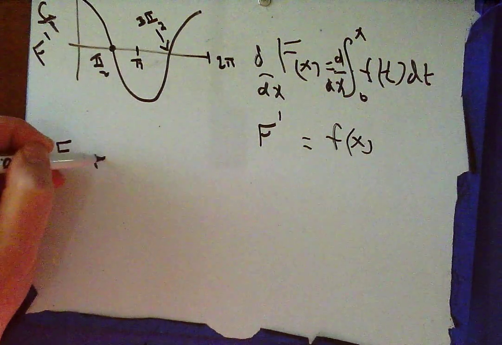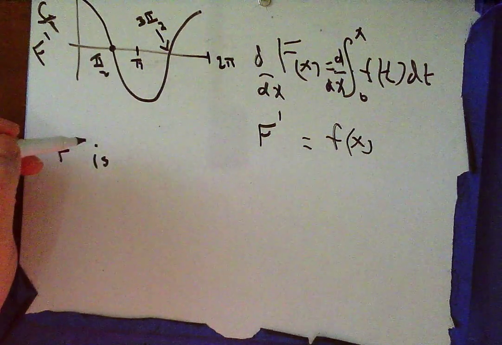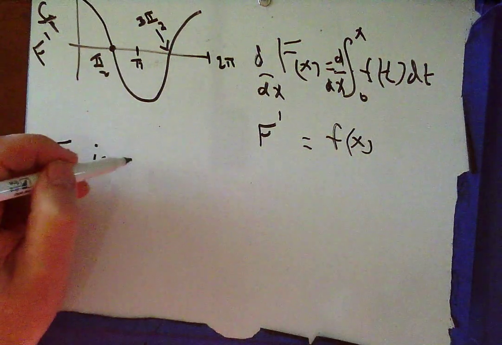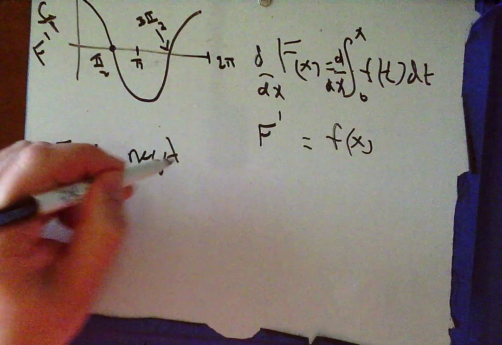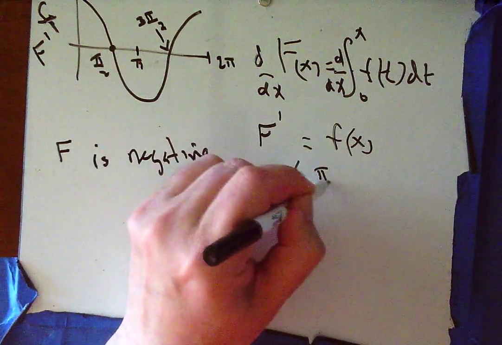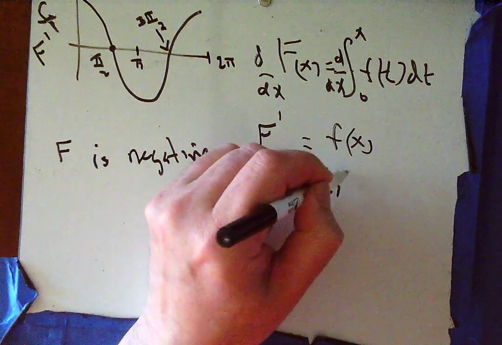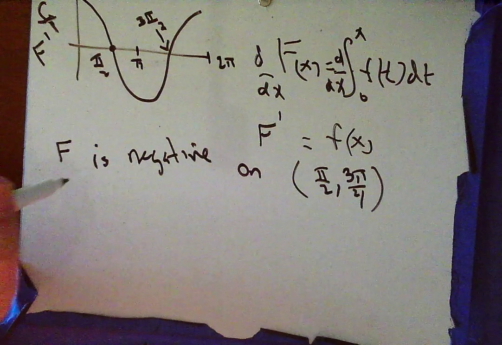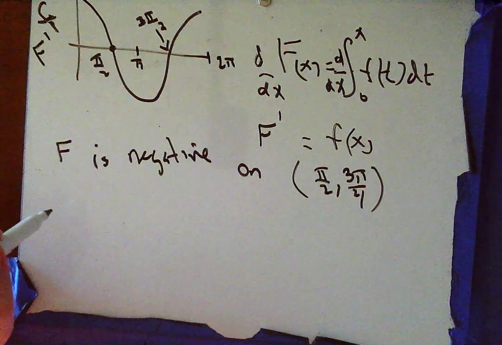Big F is negative on pi over 2 to 3 pi over 4. Okay, so let's see what we can make of that.